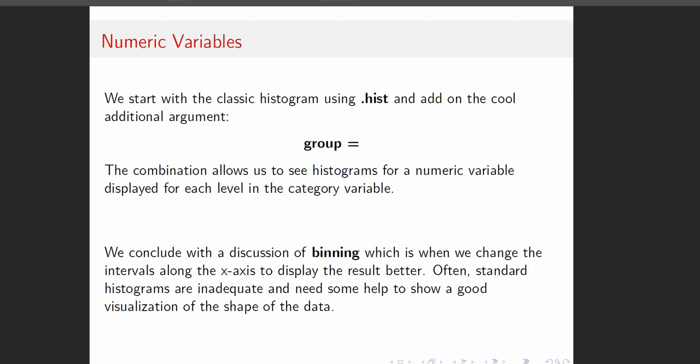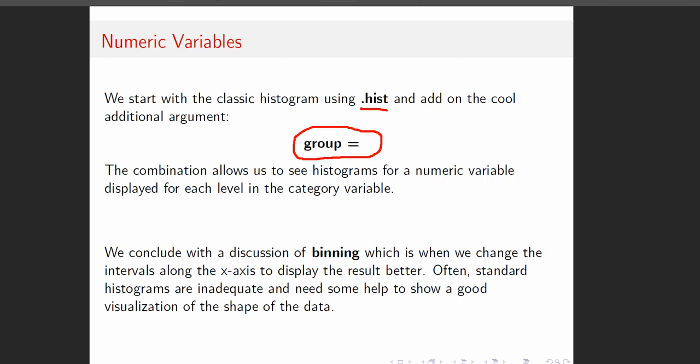So with these numeric variables, one of the classic visualizations, one of the classic graphics we do is a histogram. And what Python has is this incredibly useful group equals, and it'll overlay the histograms for multiple groups.